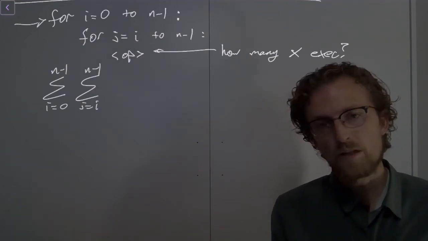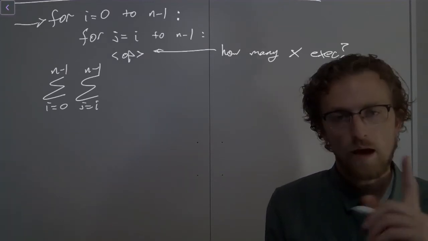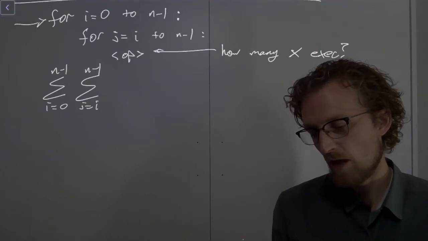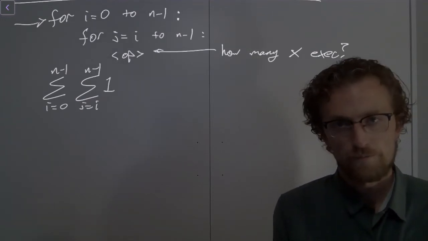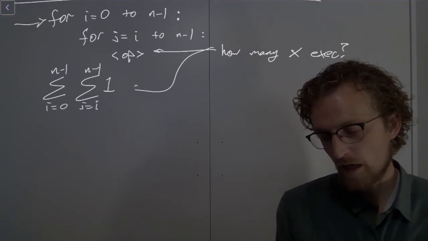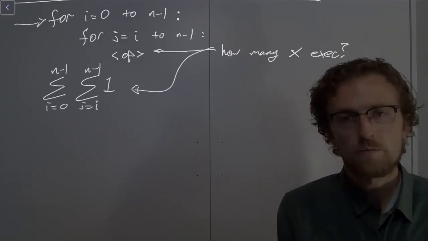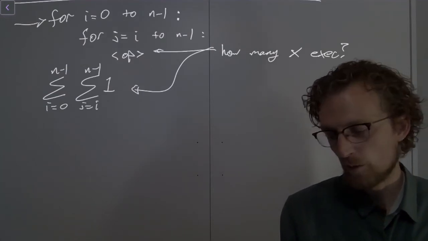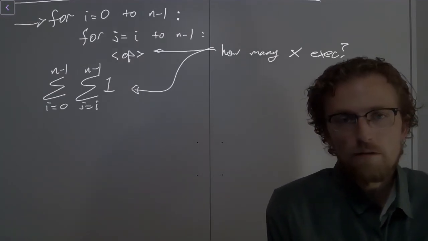And then what happens on the inside of the inner for loop? I have one operation execution. I just execute that operation one time. So this is now an expression that exactly captures how many times that operation is executed in that doubly nested for loop.